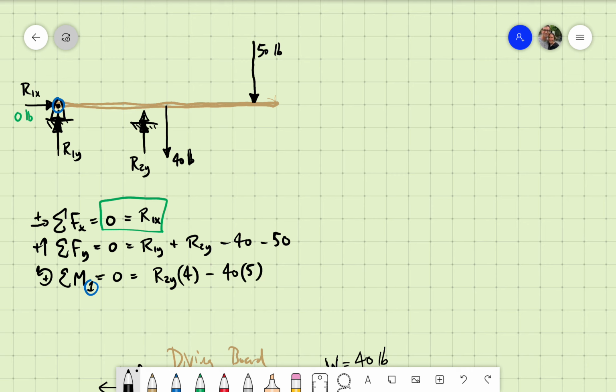And now we have this crazy one. The person walked all the way out. It is still a negative moment because it still wants to rotate around the pin joint. But it's now 50 times 9. 9 feet. We're talking about this 9 feet right here.